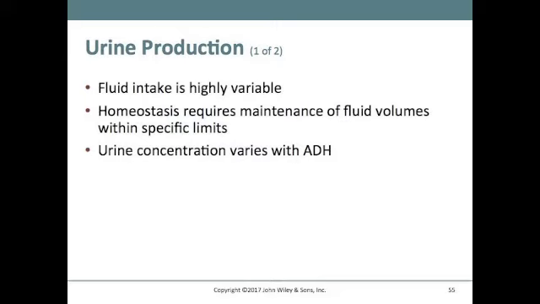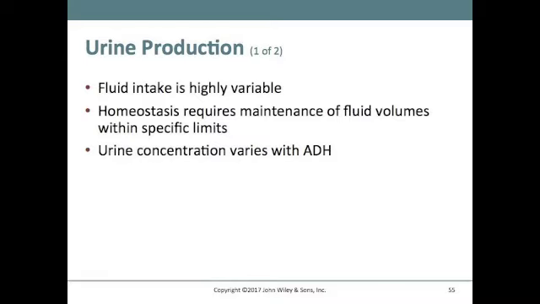So even though your fluid intake can be highly variable, the total volume of fluid in your body normally remains stable. The homeostasis of body fluid volume depends in large part upon the ability of the kidneys to regulate the water loss in urine. Normally functioning kidneys produce a large volume of dilute urine when the fluid intake is high and a small volume of concentrated urine when the fluid intake is low or there is a large amount of fluid loss.